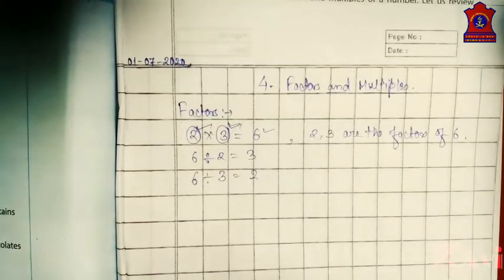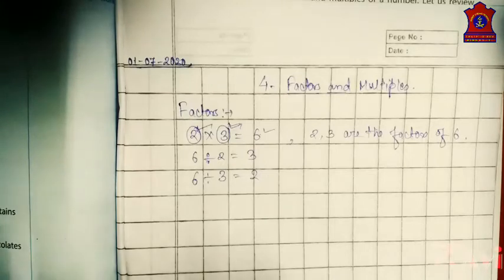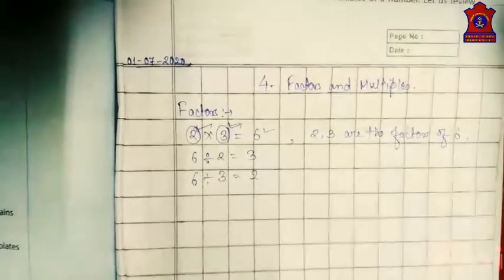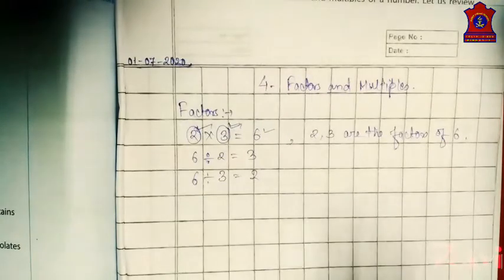When you are dividing a number and you are not getting any remainder, then the number is exactly divided. Clear? So a factor of a number is the exact divisor of that number.